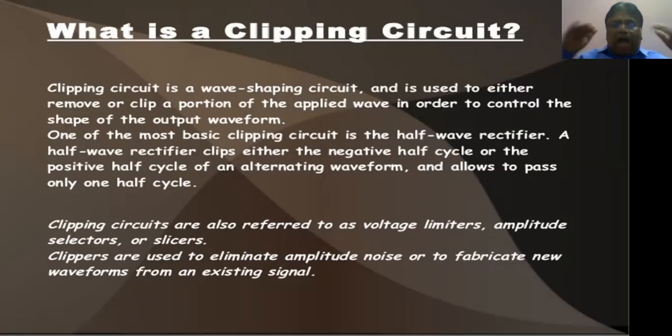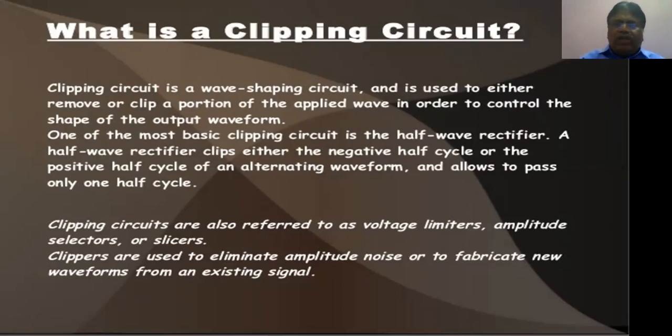Unwanted material is removed with the help of clipping circuits. That is why clipping circuits are used to remove unwanted errors and unwanted noise. In the previous class we learned about half-wave, full-wave and bridge rectifier circuits.